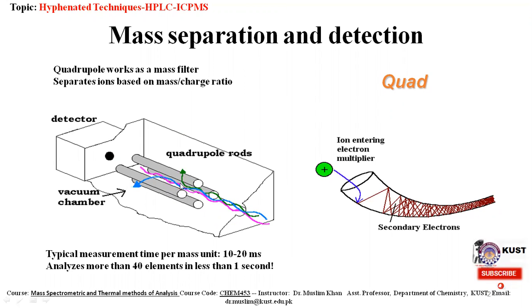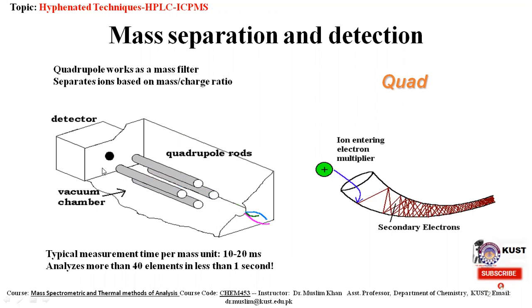So they are changing the AC and DC voltage. When these ions are passing through these rods, on the basis of mass to charge ratio, they are separated in this vacuum chamber, quadrupole rods, and further subjected into the detector.